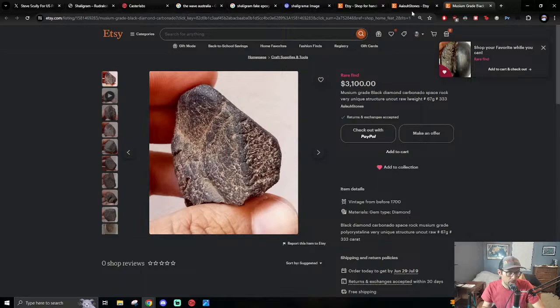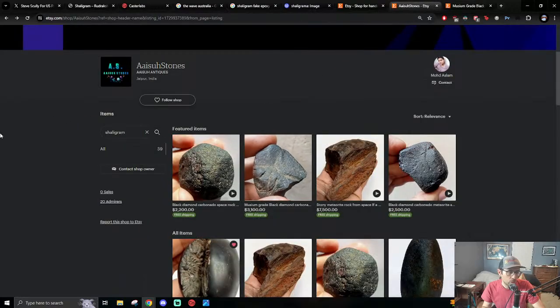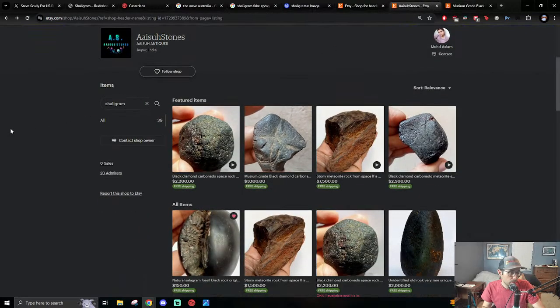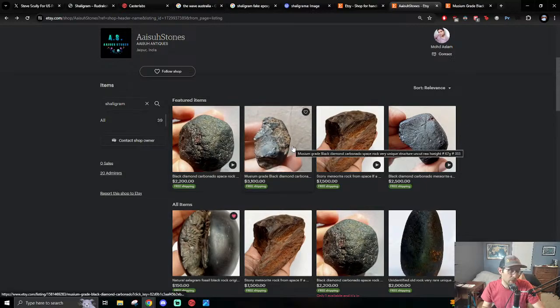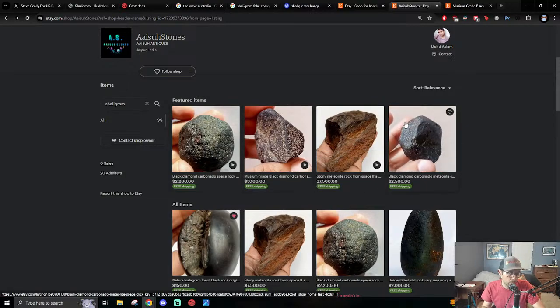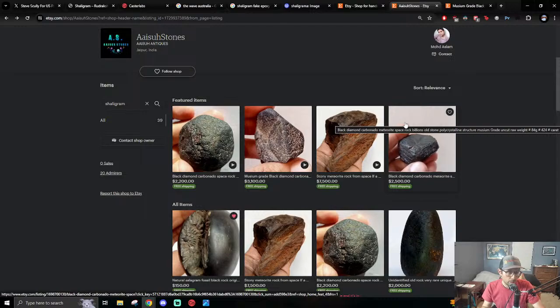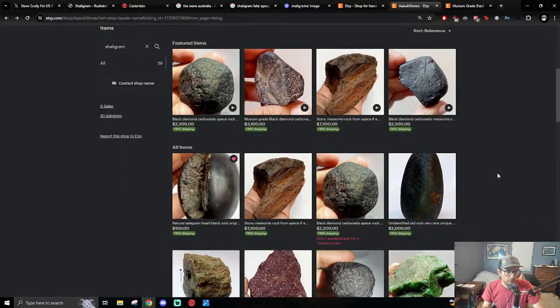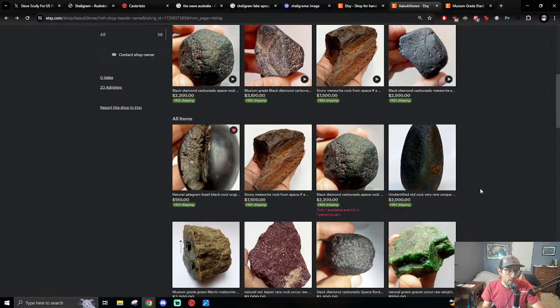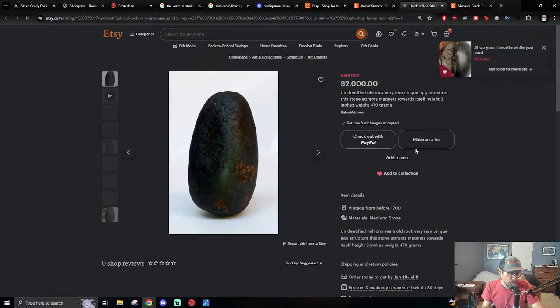I mean, that makes me maybe a little suspicious now. But whatever it is, it looks real. It's not like they made it. They just maybe mislabeled it if it's not an actual space rock. But maybe it is a space rock. I don't want to just assume because the first thing I look at says space rock.